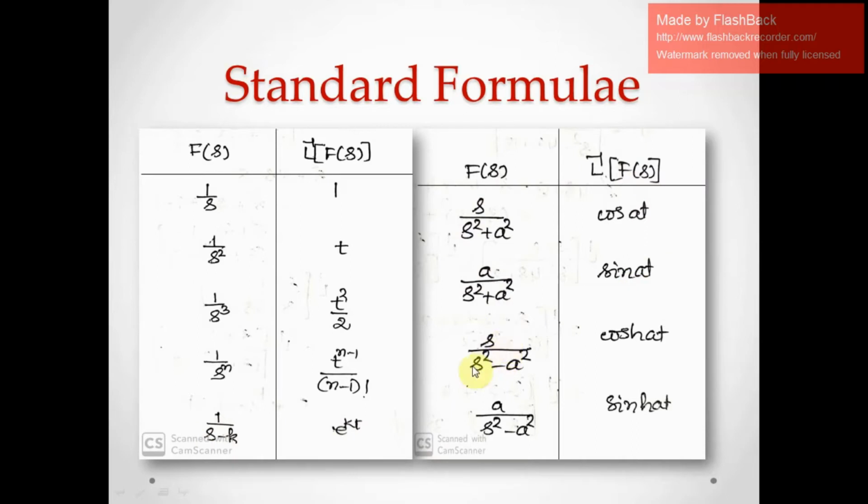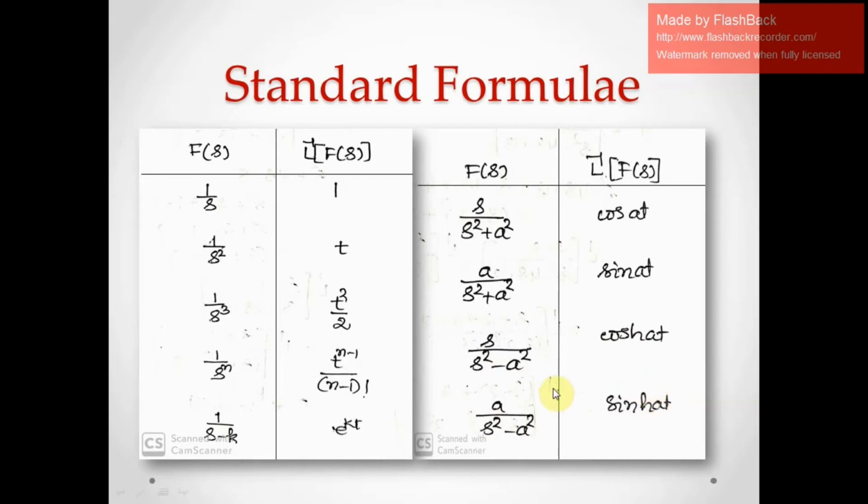L inverse of s by s square minus a square is cos h at. If there is a plus, that is the trigonometric function cos; if it is minus, like in the next formula also, the function is hyperbolic cos h at, and this is sin h at.